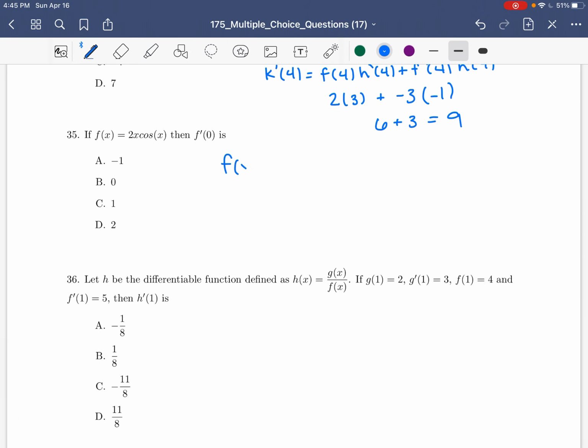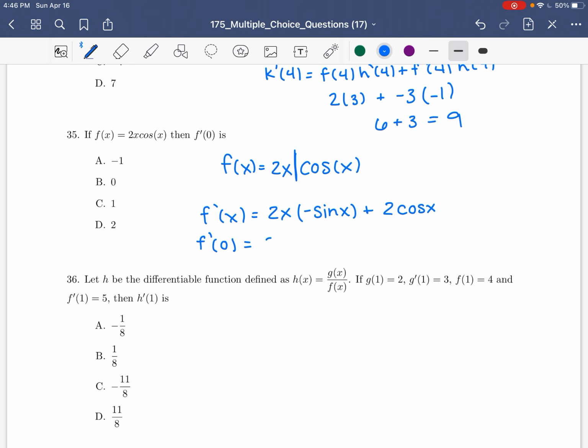35, so I have f of x equals 2x cosine x. Once again, I can draw a line. There's a function on both sides of that line, so I'm going to need product rule. So f prime of x equals the first times the derivative of the second plus derivative of the first times the second.